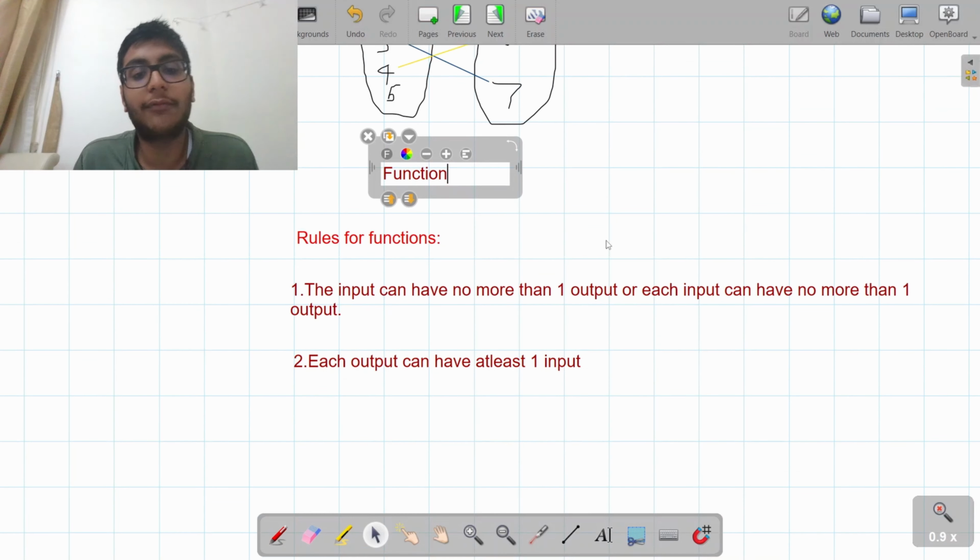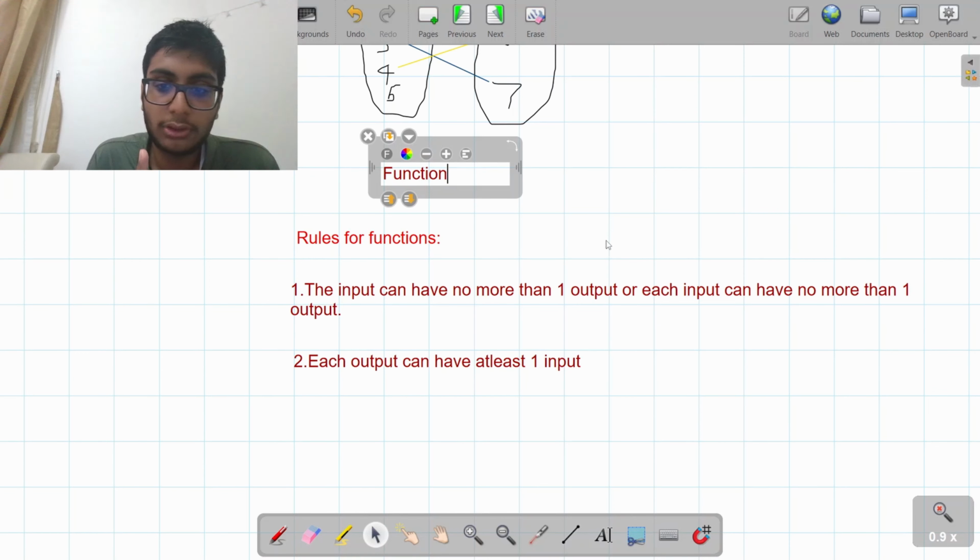Now, these are the rules for functions. The input can have no more than one output, or each input can have no more than one output. So what this means is that if you have one input, it can only give you either one output or no outputs. Those are the only two cases we have.